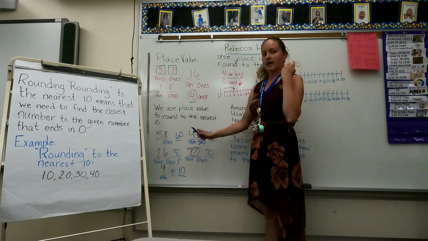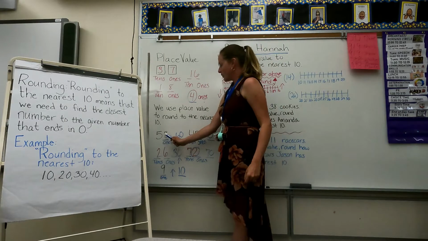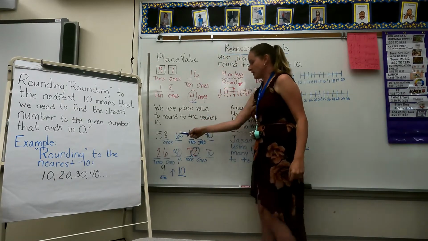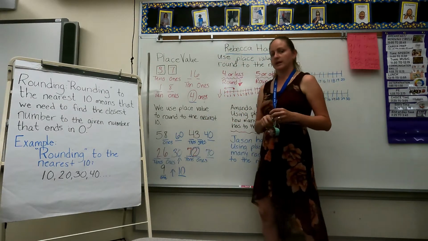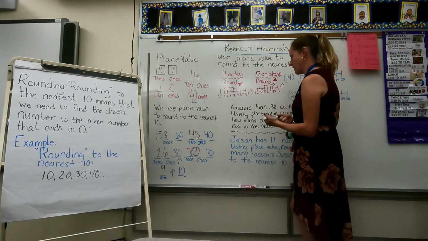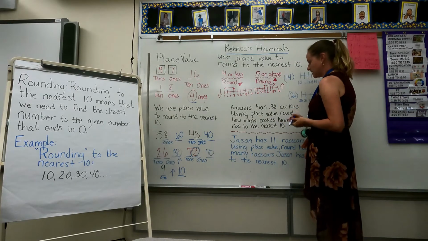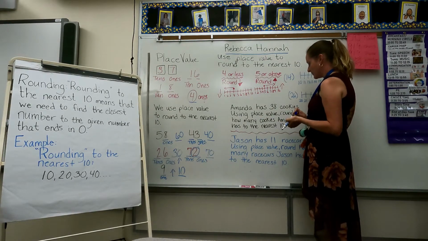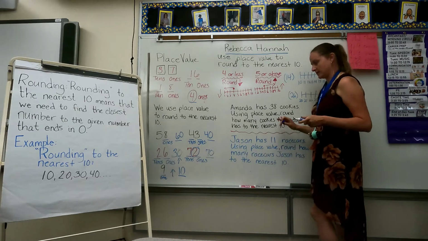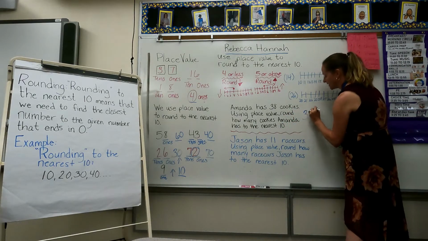Now that we know how to look at our numbers and decide which number is in the ones place and whether we should round up or down, and we learn how to use the manipulatives, we can solve word problems. This says Amanda has 38 cookies. Using place value, round how many cookies Amanda has to the nearest 10. So I can write my number here, 38.